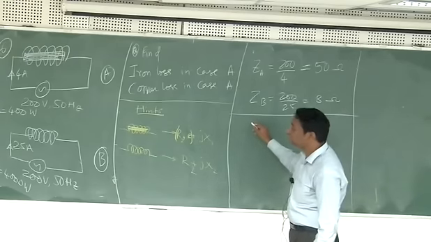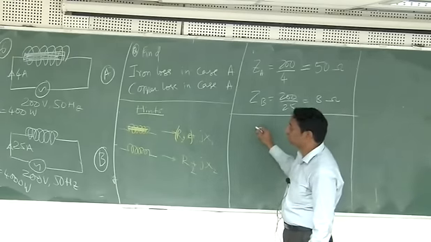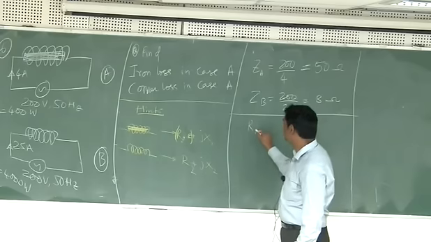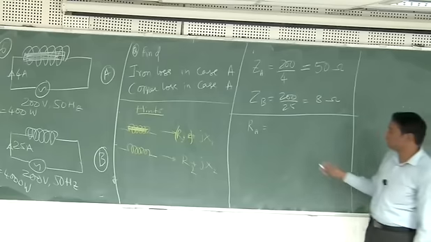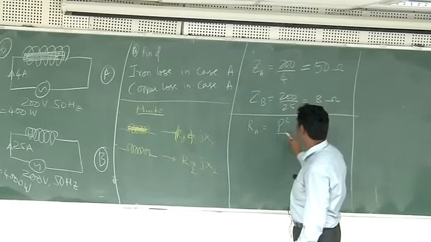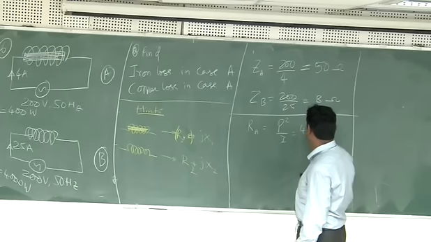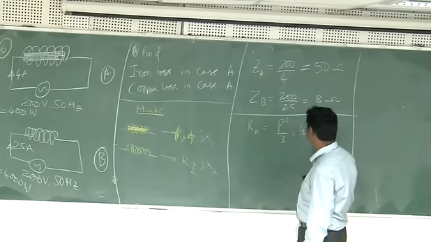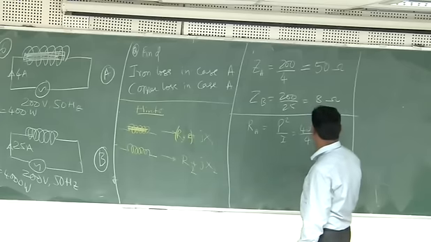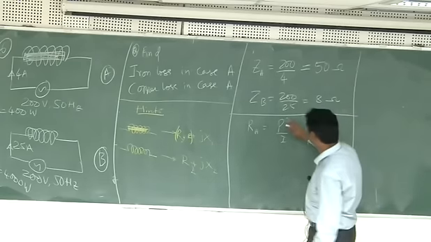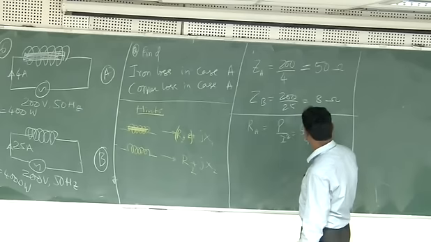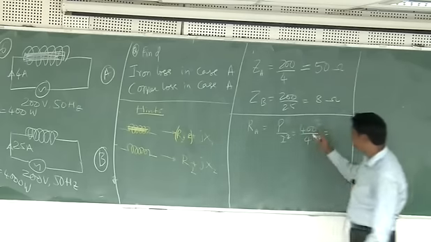So PA is 400. What is RA? The resistance in case A will be P by I square. Sorry, P by I square, so 400 by 16.